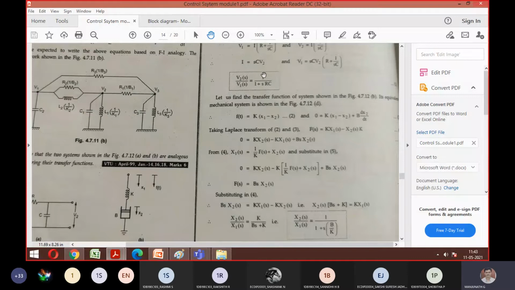I want that form to be in the form of 1 plus 1. If you multiply and divide by K, K will get cancelled, and what is left out is 1 plus S into B by K. Look at here, S and S are the same. What is this R equivalent in your electrical system? What is R equivalent, guys? Is it spring?